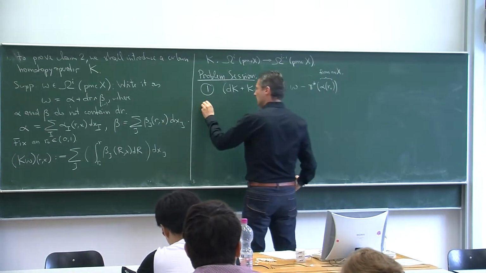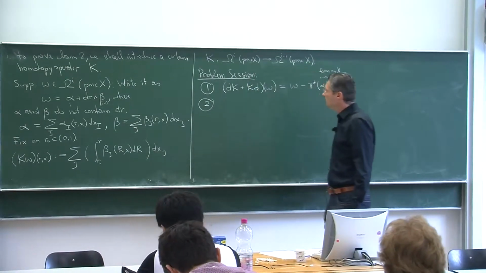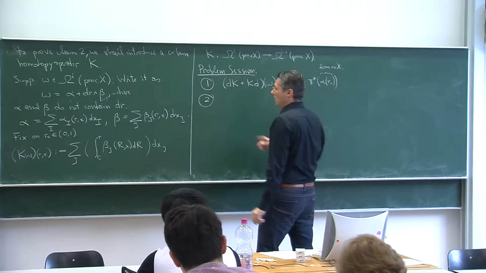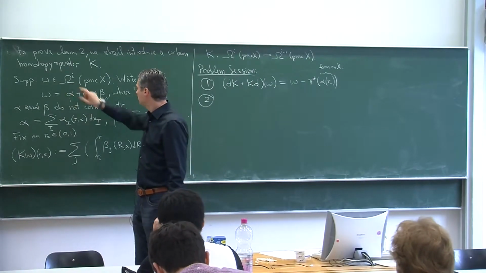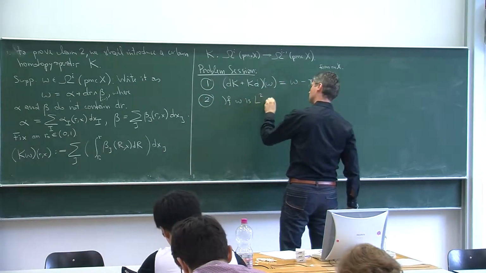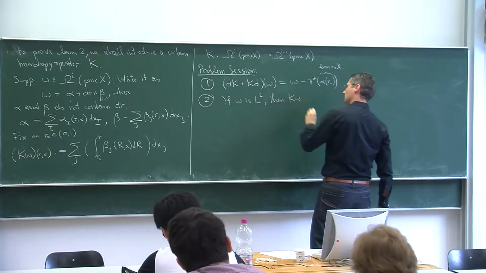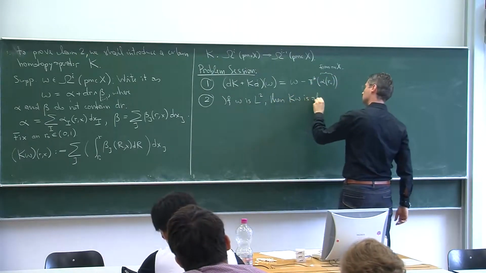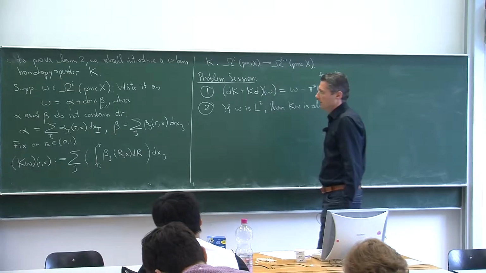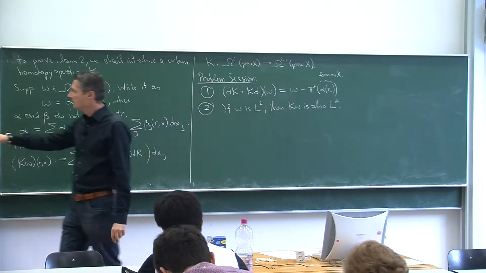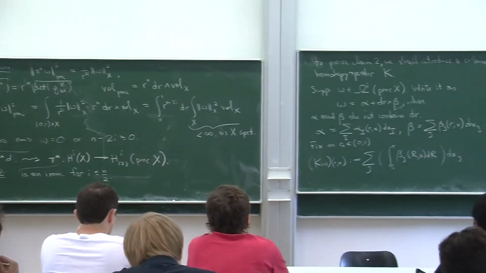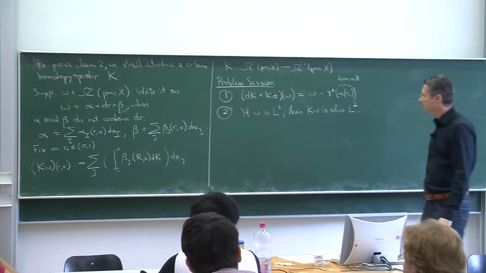And secondly, the second key property that you need for the K is that if now omega is in fact an L2 form, then K of omega is also an L2 form. And so this requires a little estimate similar to the estimate that I've done here. So I suggest that you try to do this on your own for the problem session.